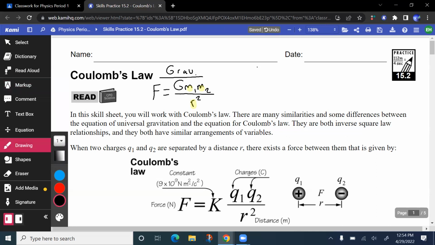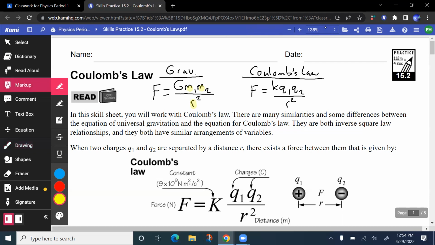Well, Coulomb's law deals with electric force, but it's a similar idea. F, the electric force between two charges, is equal to K, which is a charge constant, times Q1 times Q2, divided by R squared. So you'll notice instead of two masses, we have two charges separated by a distance.